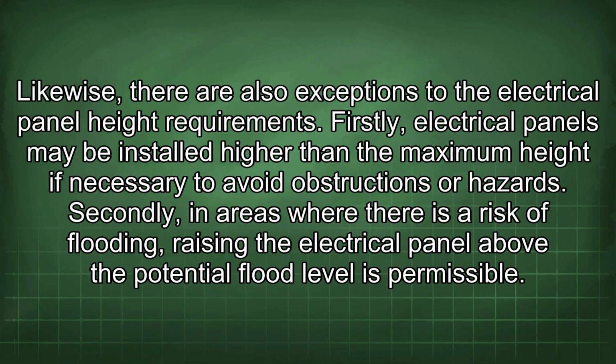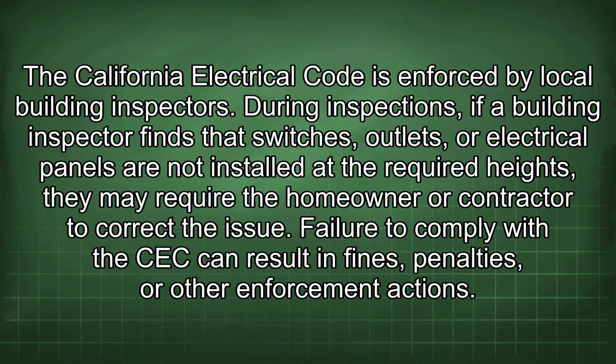Likewise, there are also exceptions to the electrical panel height requirements. Firstly, electrical panels may be installed higher than the maximum height if necessary to avoid obstructions or hazards. Secondly, in areas where there is a risk of flooding, raising the electrical panel above the potential flood level is permissible.